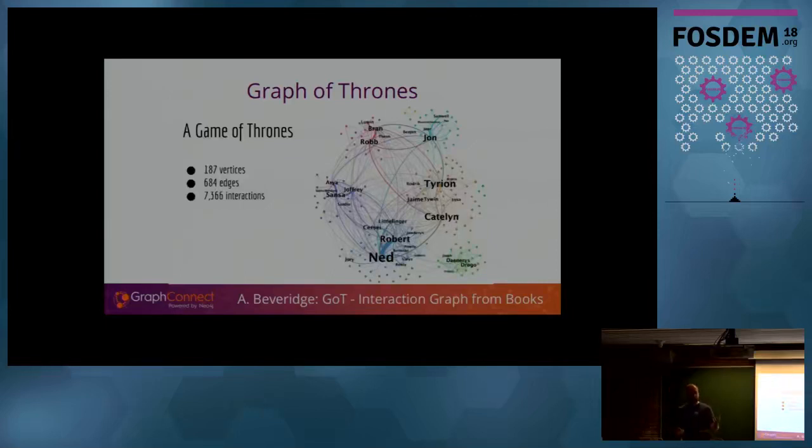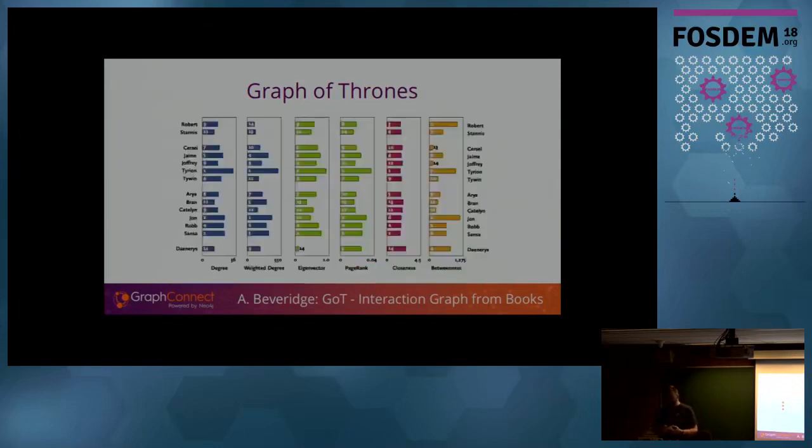He looked at the book text and looked at which characters appeared within 15 words of each other. That was either one character talking about another, 2 characters interacting, or one character killing another character, which is what you do usually, right? He found in total more than 7,000 interactions of characters, put them all into an interaction network, and then just ran some graph algorithms on that.